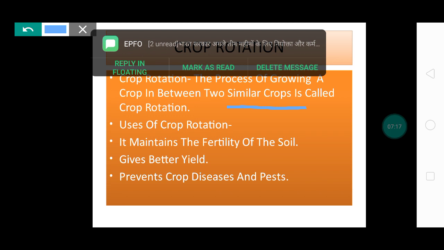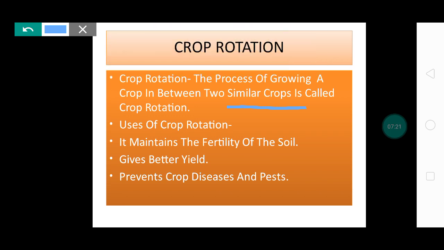A particular crop requires a specific nutrient, definitely. Growing it year after year on the same land makes the soil deficient of that nutrient, and to replenish the soil with the nutrient, different crops should be grown alternately. For example, leguminous plants should be grown between the two crops. This is how crop rotation is done.